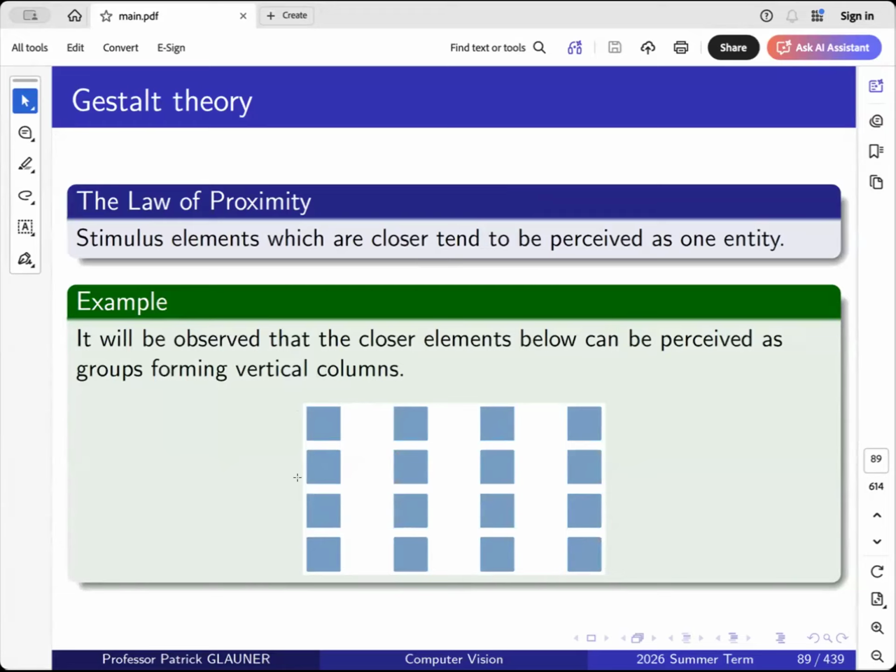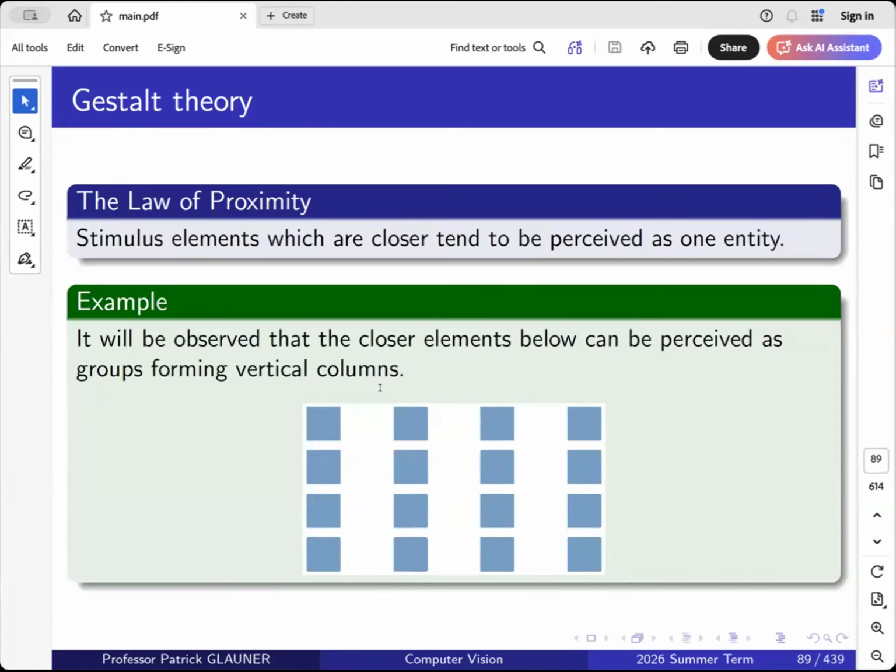But we see that within this column they are very close to each other, and we have another column, and there is a distance between the columns. So we have this distance here between the different columns.